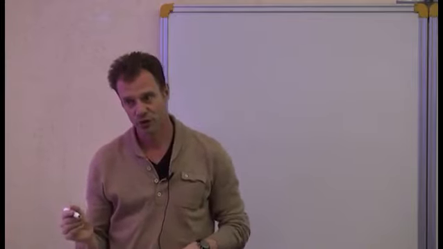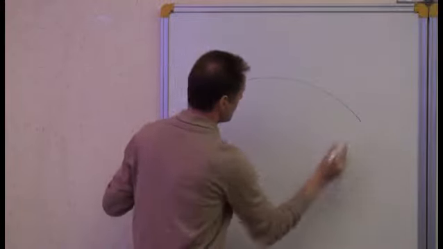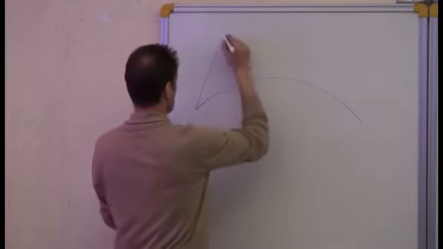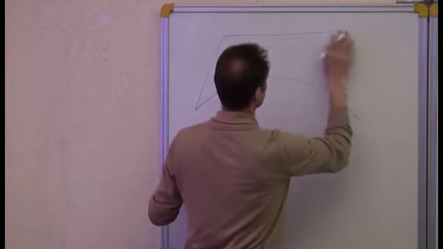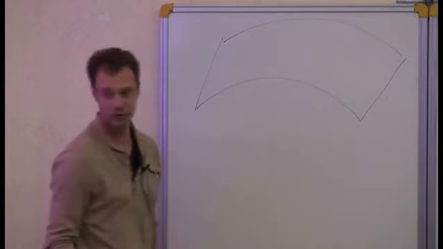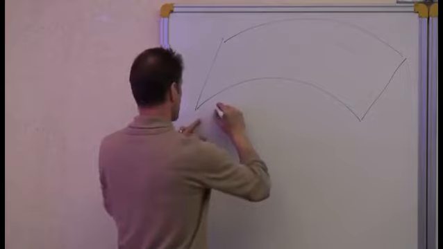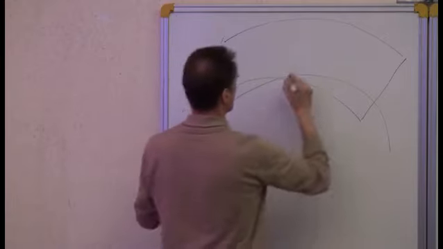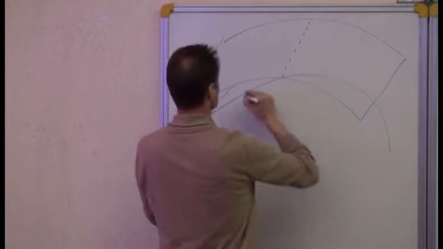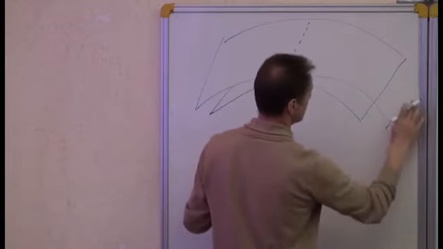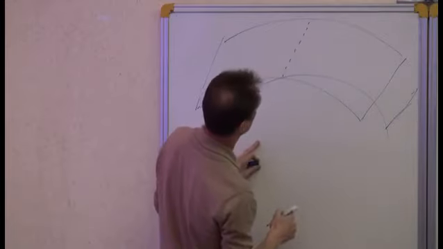For surfaces, well, imagine this is one surface, so here goes my surface. It looks a little bit like this. So this is one surface, okay. Now take another one. So this is the intersection of these two surfaces. It's a little bit hard to draw.